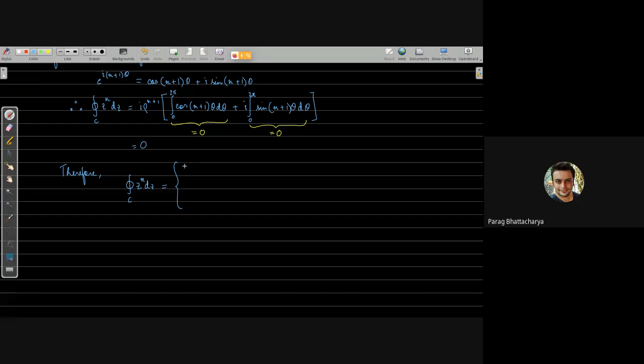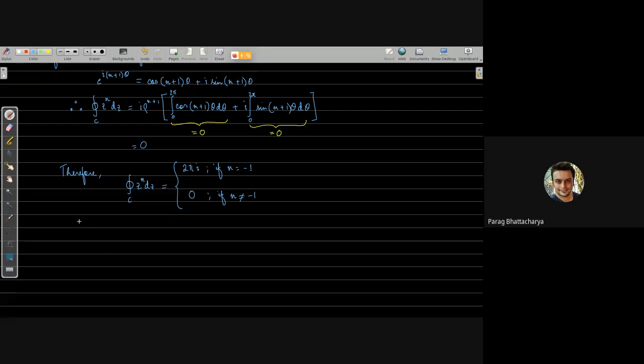One value is twice pi I, if n equals minus 1. And the other one is 0, if n is not equal to minus 1. For any other value of n, this will be 0. So this is the result.